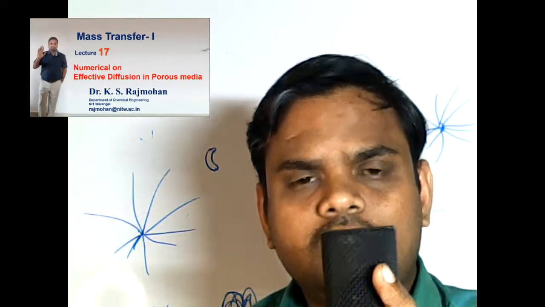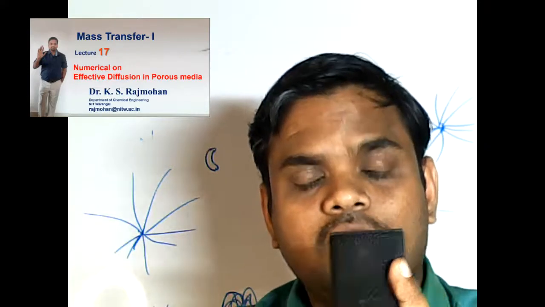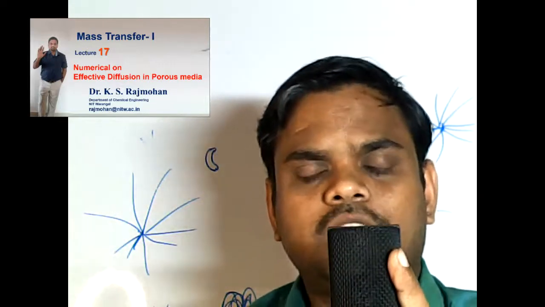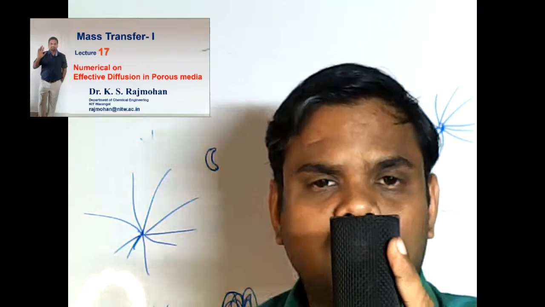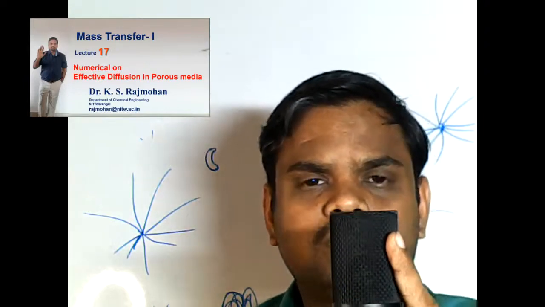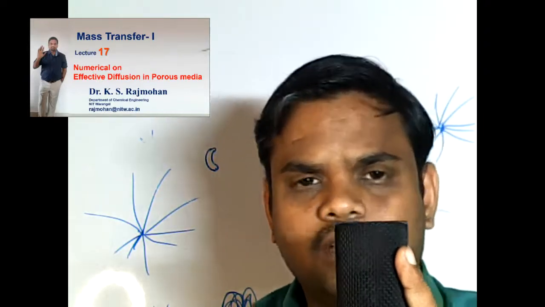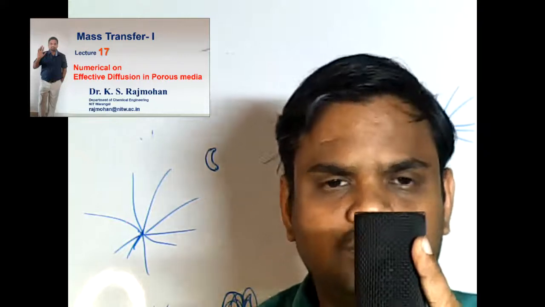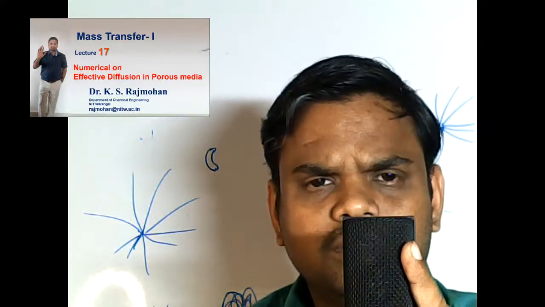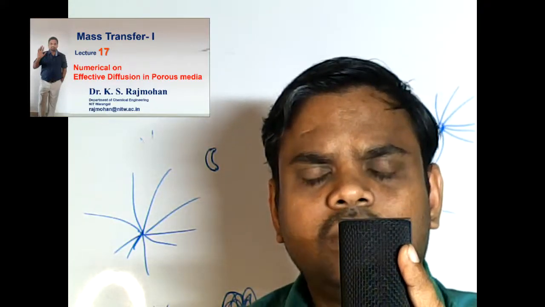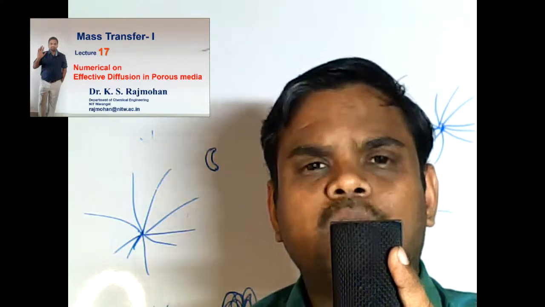So this overall combined effective diffusivity can be used to determine the flux expression: flux Na equal to overall combined effective diffusivity into dP by dx by RT, or you can say RTL also. Okay, fine. So with that we are completing module number 1.